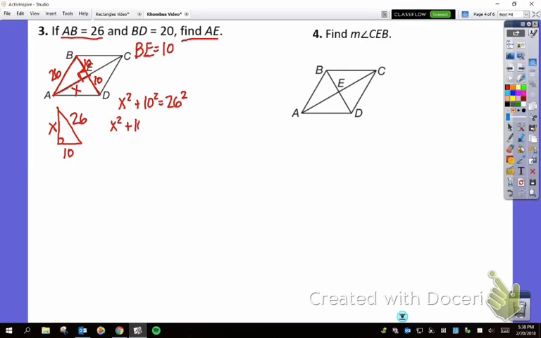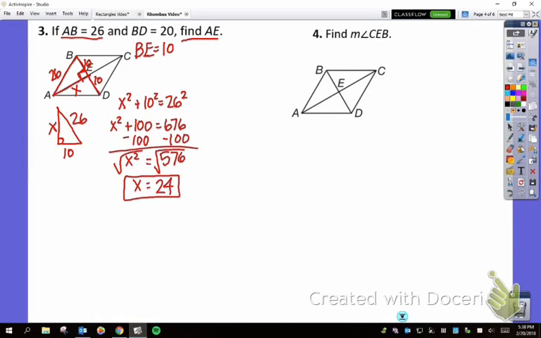So we've got x squared plus 100 equals 676. Now, we subtract 100, and we get x squared equals 576. When you take the square root of 576, you end up with x equals 24, so AE equals 24. Now, there's a couple different ways to do Pythagorean theorem.